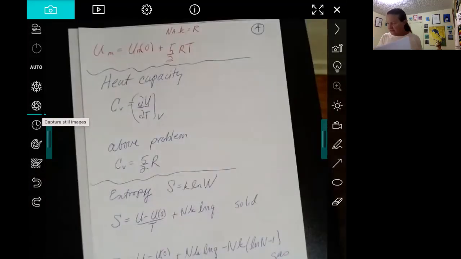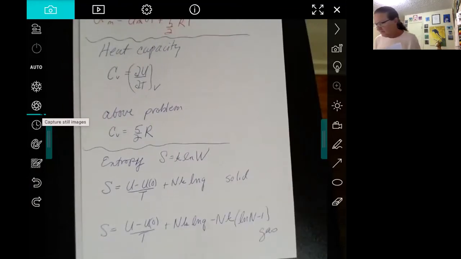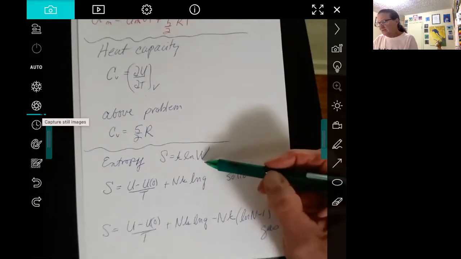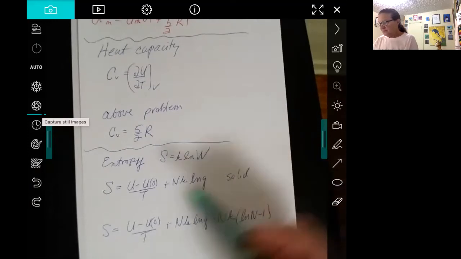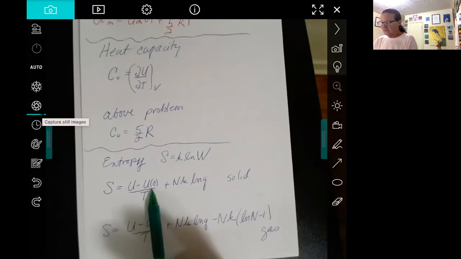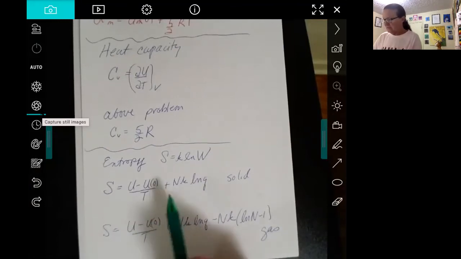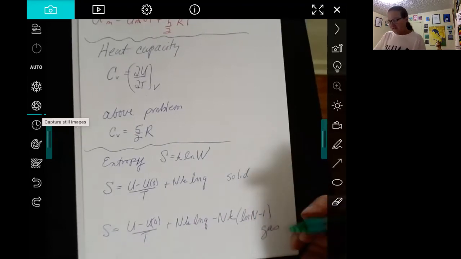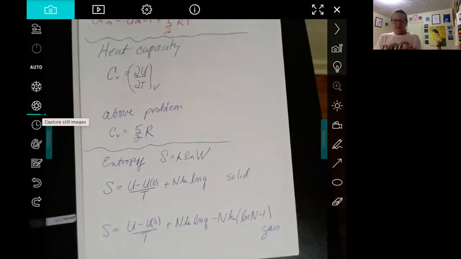He just lets you know that if you start out with the definition of entropy, S equals k ln of W, and we look at equilibrium where W is the maximum, the entropy will end up being U minus U0, the internal energy relative to what it is at T equals 0, divided by T, plus Nk ln of Q. And that's for a solid where the particles are held in space and you can distinguish them from each other. You know this particle's right here.